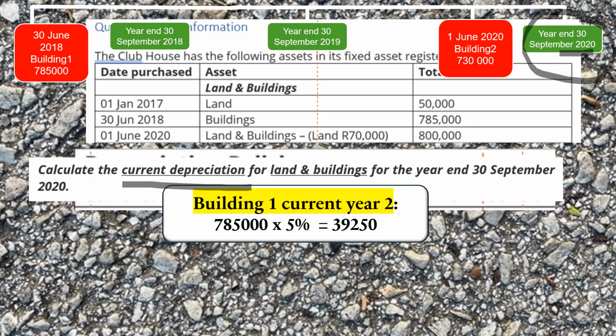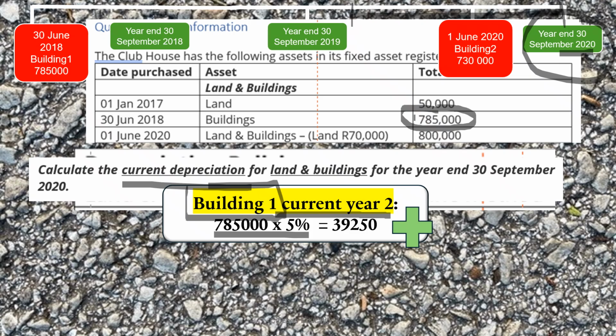So when we break it down, we've had building 1, the 785,000 in the current year for a full year. It was for a full year. That building, 785,000, in the current year we still have it, is 785,000 times by 5%. That is the first building that we purchased. We've had it for this full year.